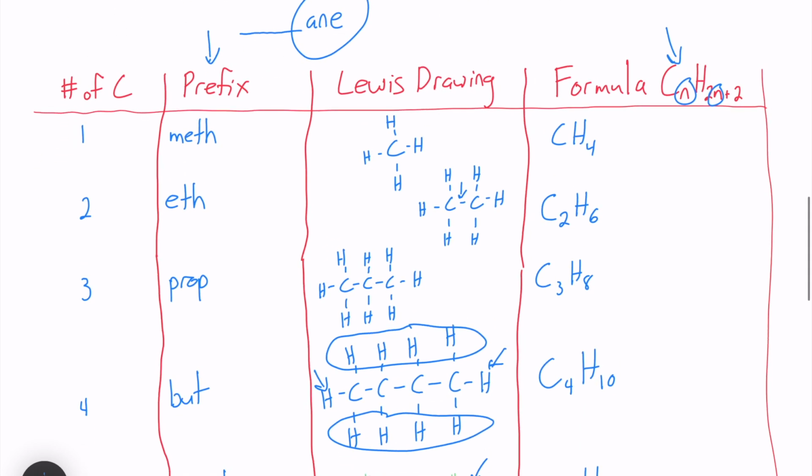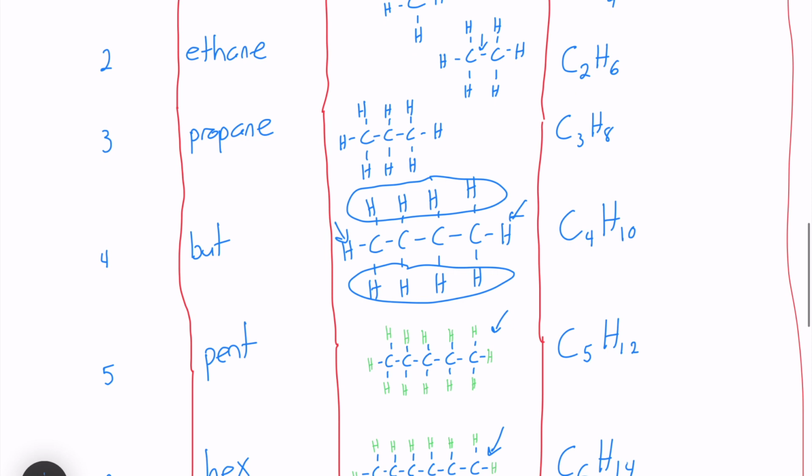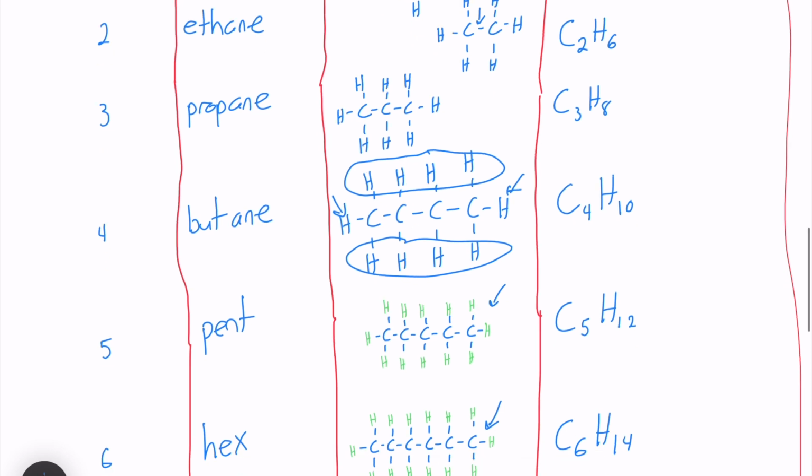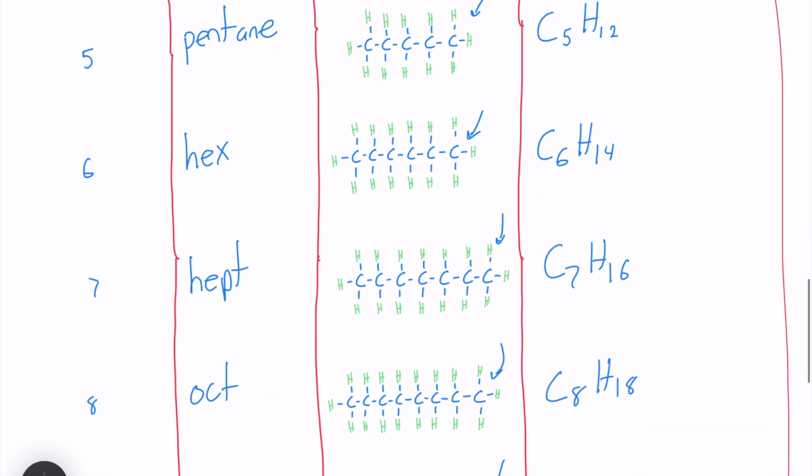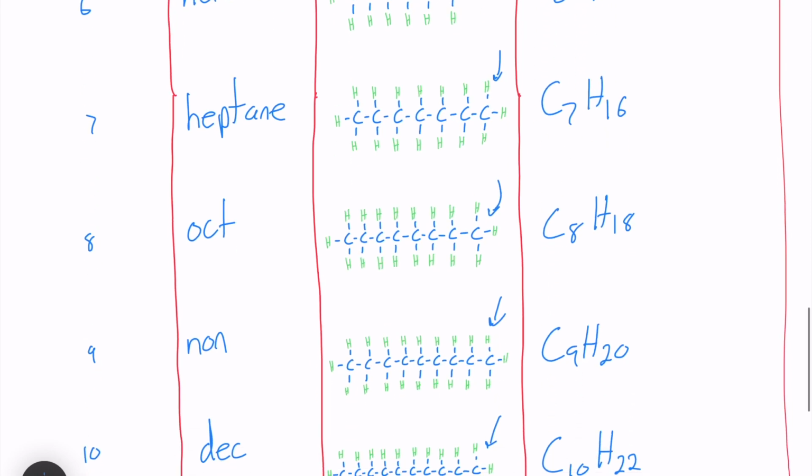So 1 carbon, we'll have methane. 2 carbon, we have ethane. 3 is propane. 4 is butane. 5 is pentane. 6 will be hexane. 7 is heptane. 8 will be octane. 9 is nonane.